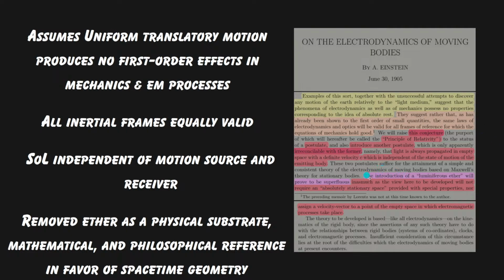The introduction of a luminiferous ether will prove to be superfluous in as much as the view here to be developed will not require an absolute stationary space. So we're not going to use any fixed points. We're not going to preserve how far that mirror moved relative to when it was fixed in the lab, right? Provided with special properties, nor assign a velocity vector to a point in empty space in which electromagnetic processes took place.